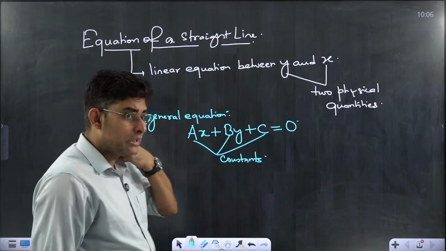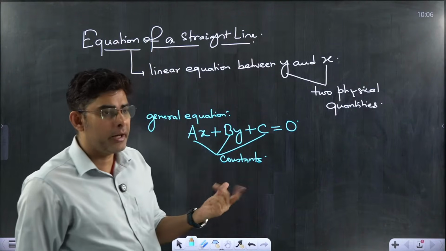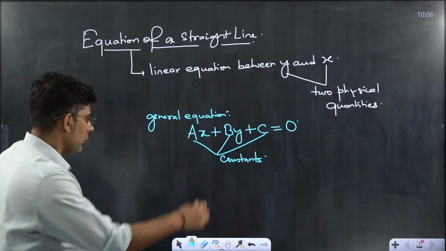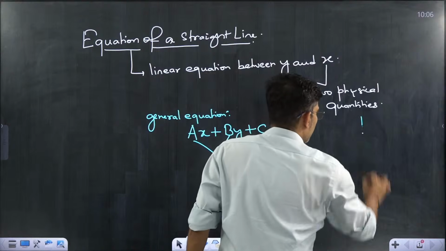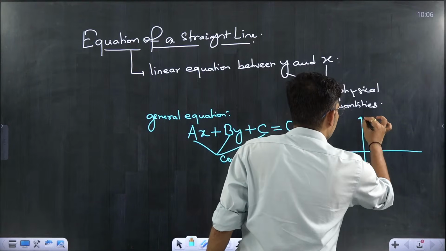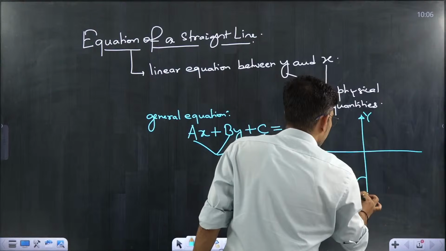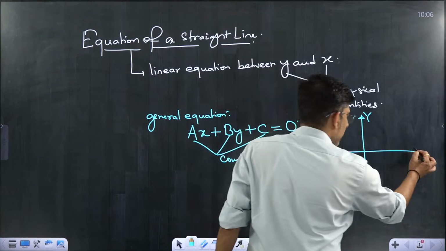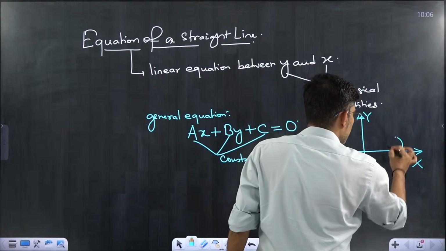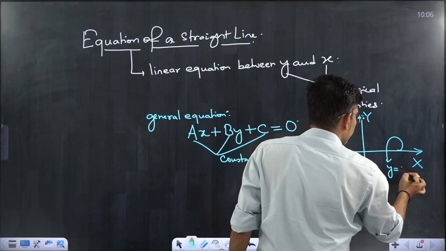Now, how do you trace the straight line? What is the method of tracing the straight line? See, we know that when we take y-axis, on y-axis the value of x is 0. When you take x-axis, on this line we know that y is 0.